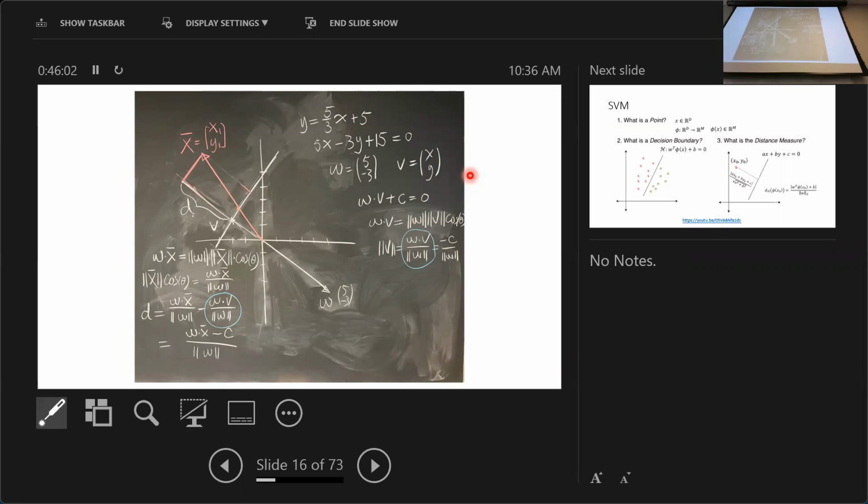So our x data is coming in, and this is x1, y1. It's not a very good notation, but you know what I mean here. So I put this as our new data point, located here, for example. So this is my data point. I want to compute the distance from this point to this line, this curve.